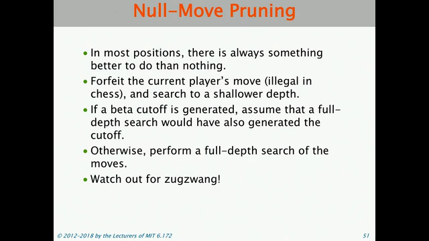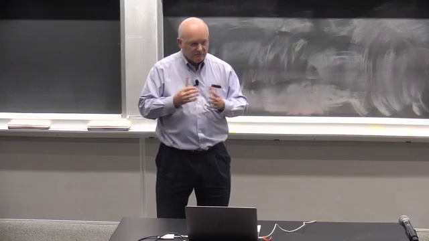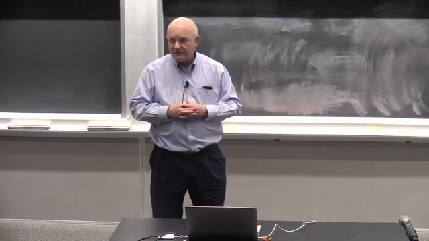Then I still am winning. And if that generates a cutoff, why bother exploring any other moves? I probably am in a really good position here. And if I don't manage to get a cutoff from the null move, then I do the full depth search.